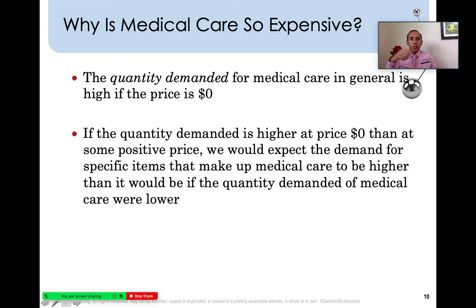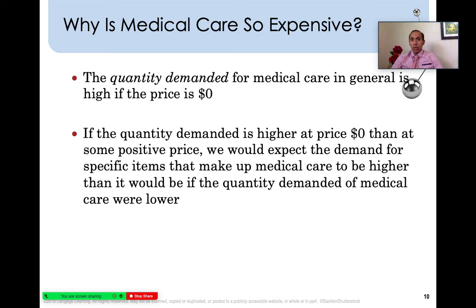And if you increase the price, then the demand adjusts. So if the quantity demanded is relatively high at the price of zero, then at some positive price, when you start increasing the price, you will expect the actual demand to adjust given the price. And so the demand for medical care will be lower.